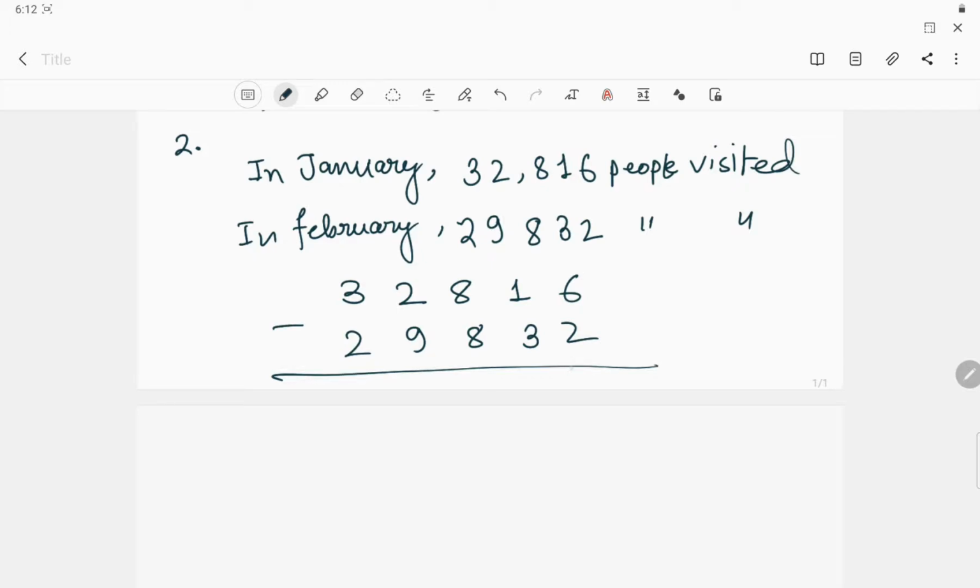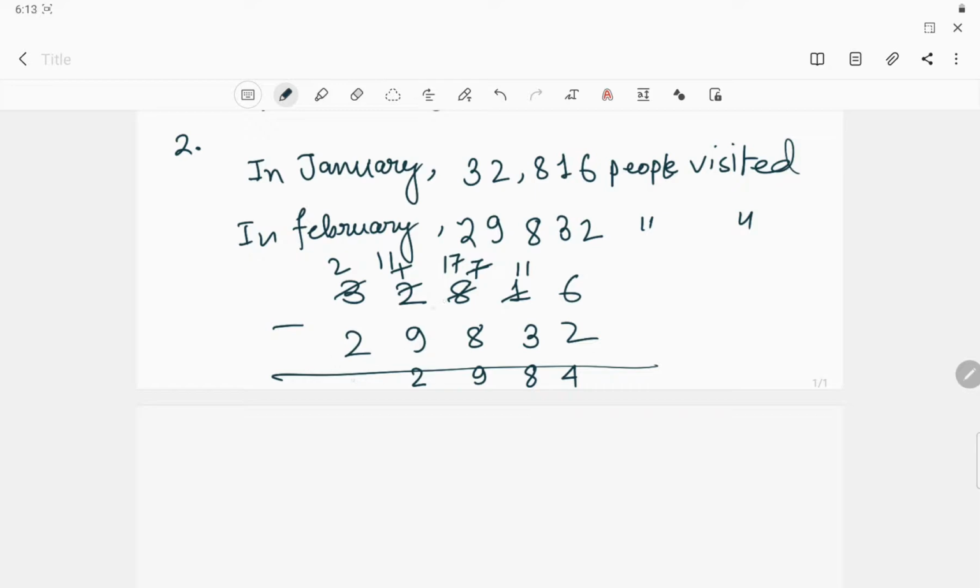6 minus 2 is 4. 1 is less than 3, so it will be 11 and it will be 7. 11 minus 3 is 8. 7 is less than 8, so it will be 17 and it will be 1, and 17 minus 8 is 9. 1 is less than 9, so it will be 11 and it will be 2. 11 minus 9 is 2. 2 minus 2 is 0.